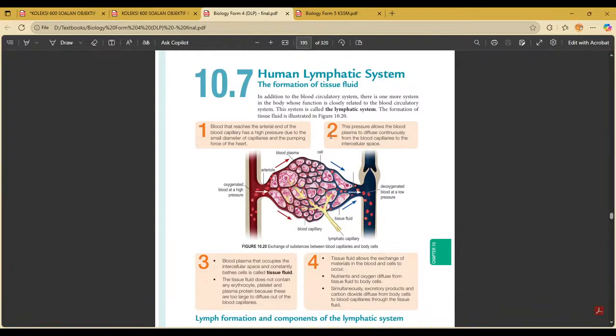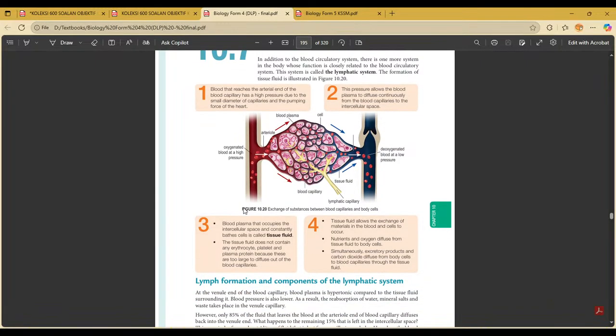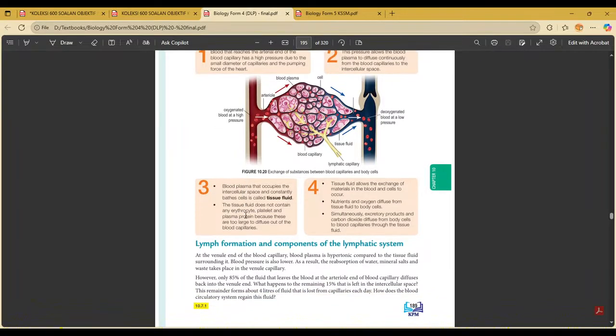Pressure allows plasma to diffuse continuously from the blood capillaries into the intercellular space. Blood plasma that occupies the intercellular space is called tissue fluid. Tissue fluid doesn't contain any erythrocyte, platelet, and plasma protein. Tissue fluid allows the materials.